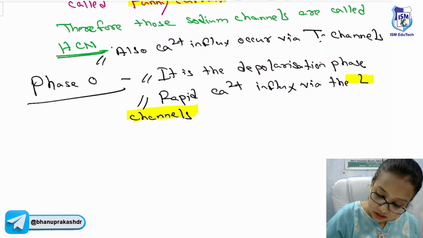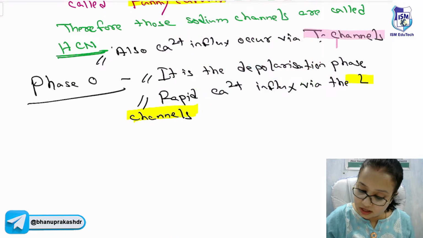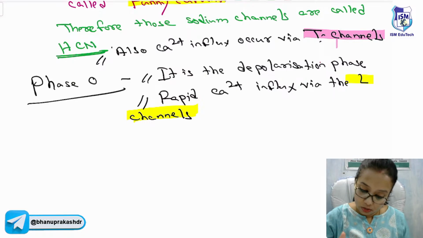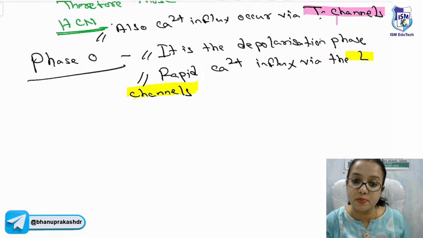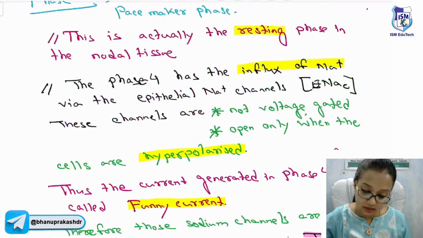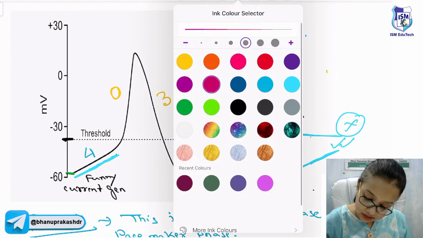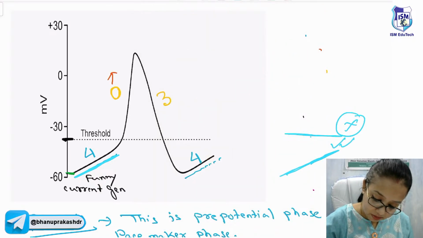So those two together push the action potential in the nodal tissue to phase zero. And in phase zero, there is rapid influx of calcium. So the main event occurring in phase zero is the calcium influx. That is the main reason.